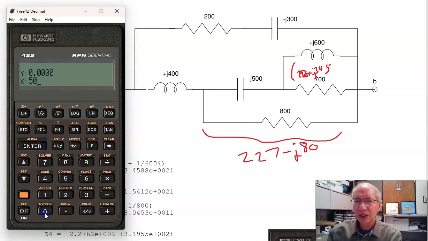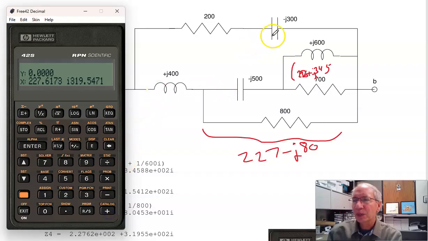In series with minus J500, 0, enter, negative 500, complex. In series they add. In parallel with 800, inverse, 800, inverse, add, inverse. In series with J400, 0, enter 400, complex, add.